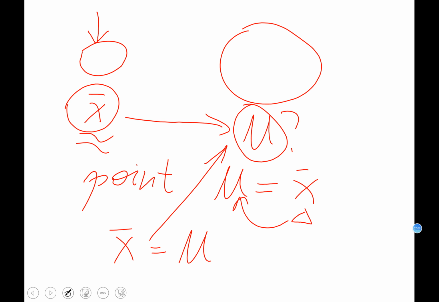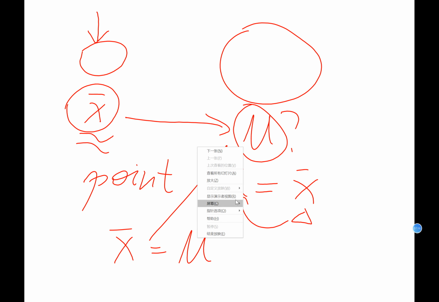So that is the first method, point estimation. And the second method of estimation is confidence interval.